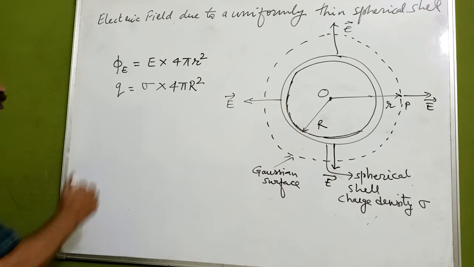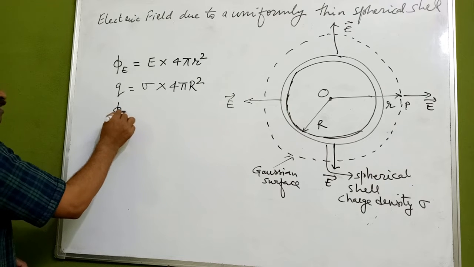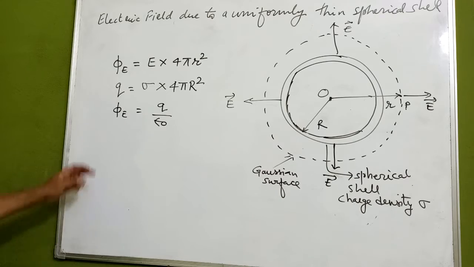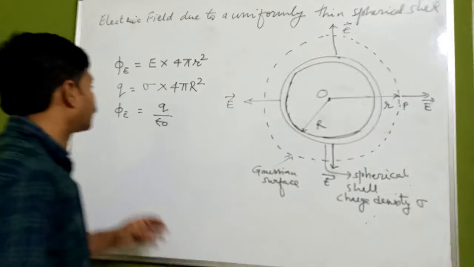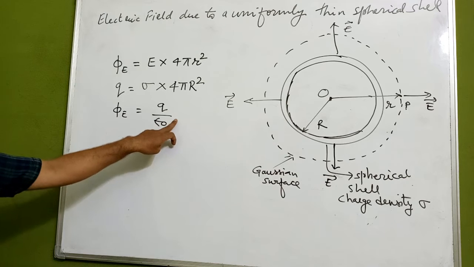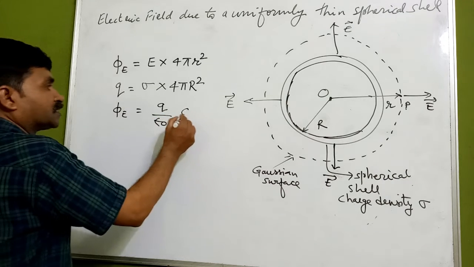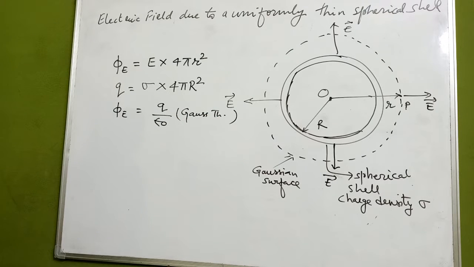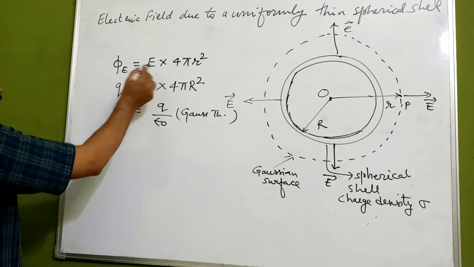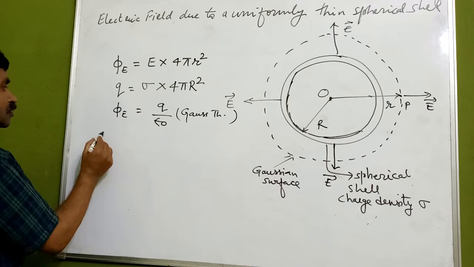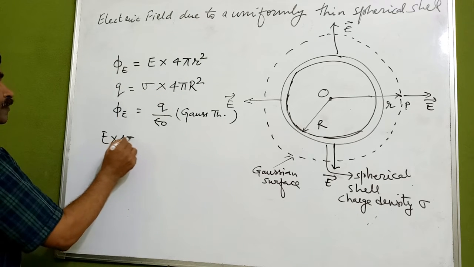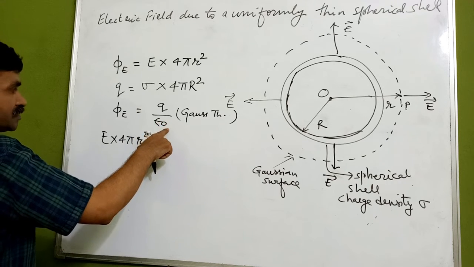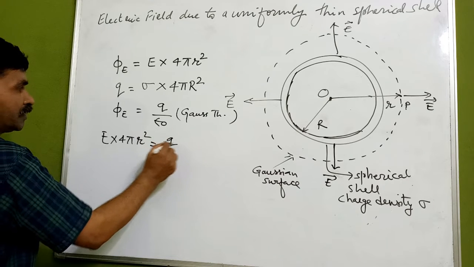Now, according to Gauss's theorem, phi E is equal to Q upon epsilon naught. The flux coming out from this Gaussian surface is given by Gauss's theorem, that is Q upon epsilon naught. Now we substitute this value and equate the two, so E into 4 pi r square equals Q upon epsilon naught.